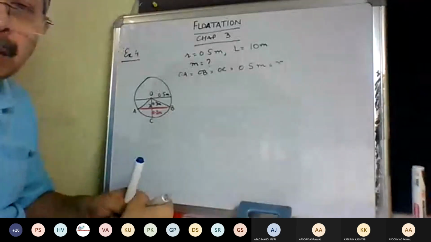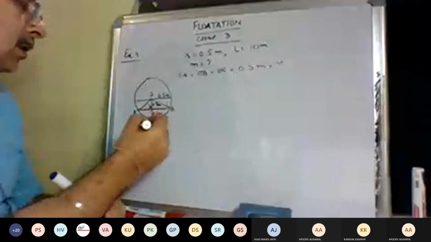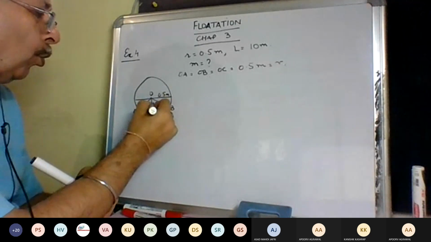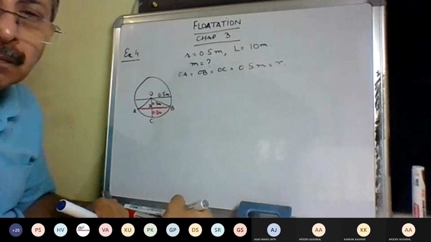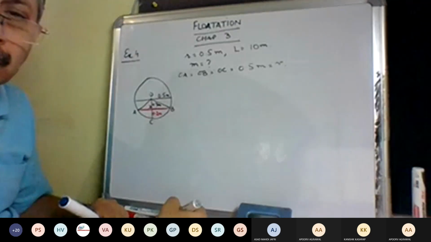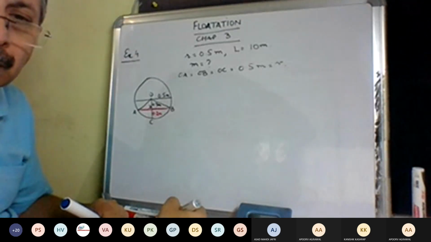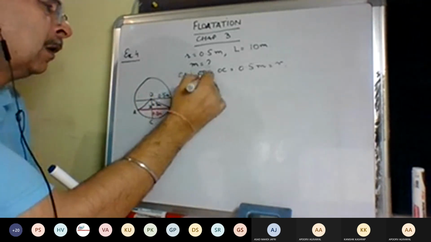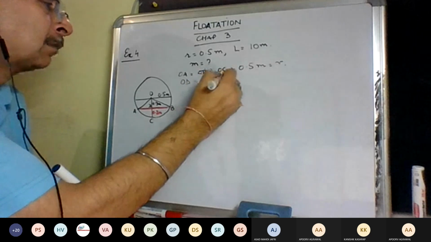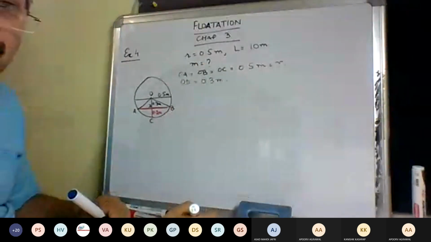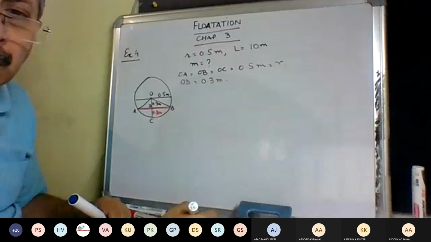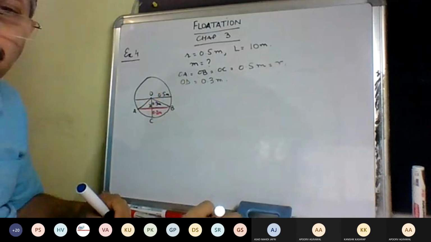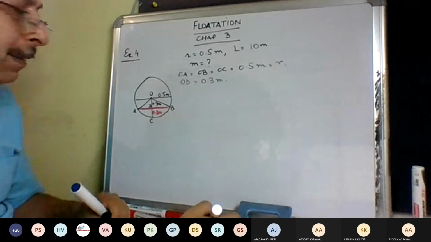All right. Yes, sir. CD is 0.2. So OD is 0.3. So OD becomes 0.3. Now I'm taking triangle ODB. I have to find out DB.